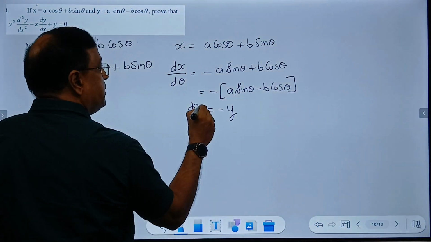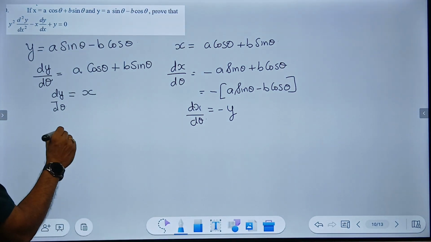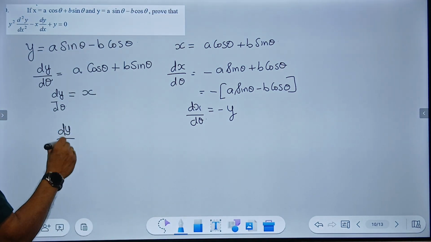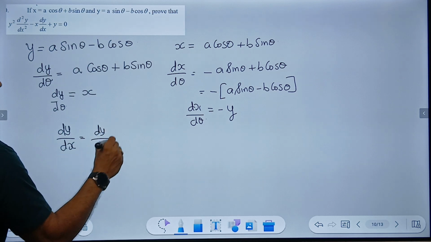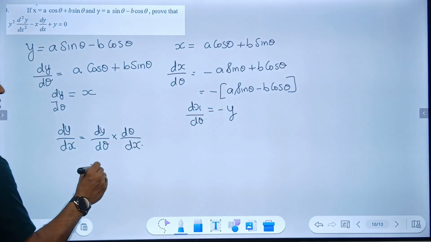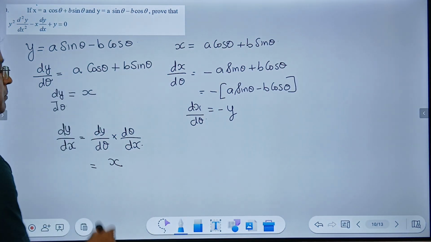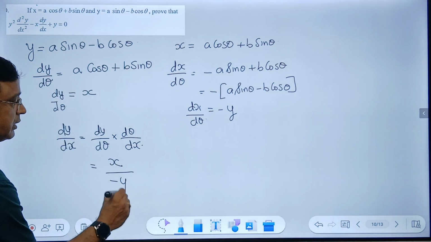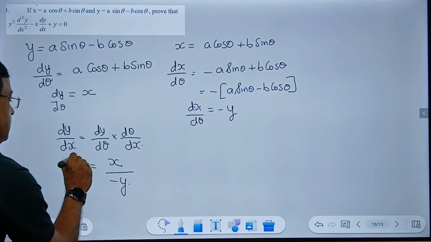So my dx by d theta is minus y. So now what is dy by dx? Dy by dx is dy by d theta into d theta by dx. Now what is dy by d theta? X. And d theta by dx is minus y. Okay. So now this is your dy by dx.